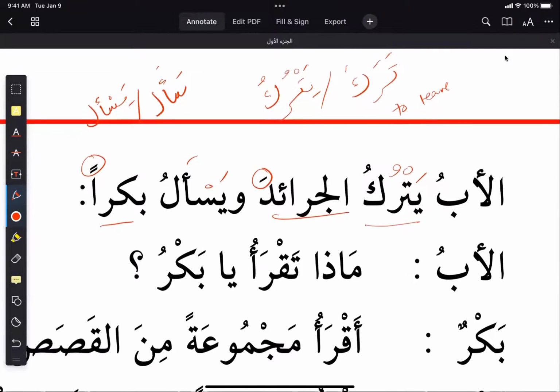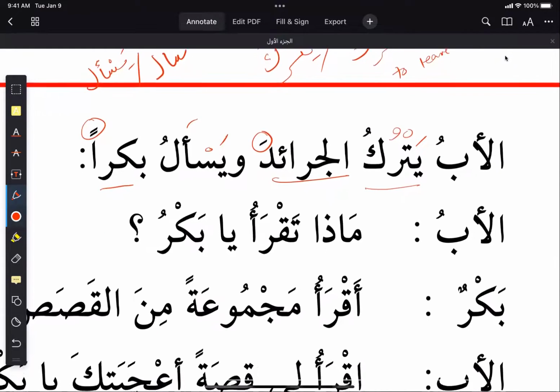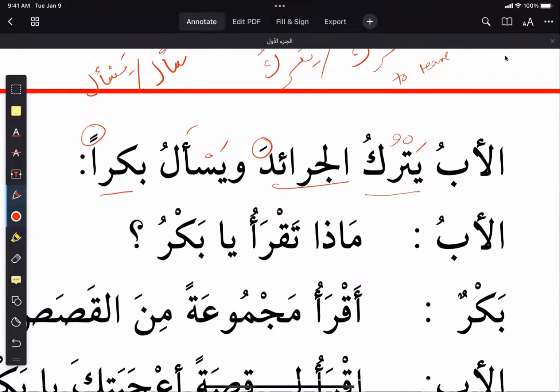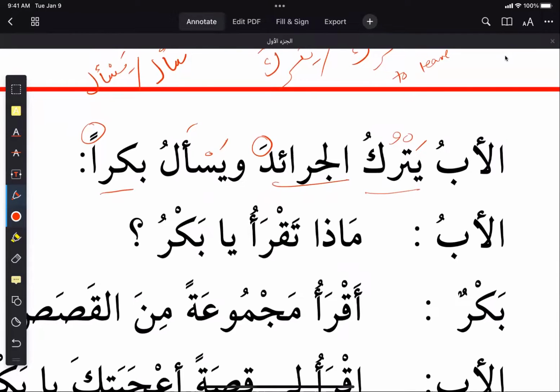Ask. Yes, this word comes tons of times in the Quran, of course. So ask, and he's asking, or he asked, bakran. He's asking Bakr. Okay. Al-abu yatrukul jara'ida wa yas'alu bakran. The father leaves the newspaper and asks Bakr.